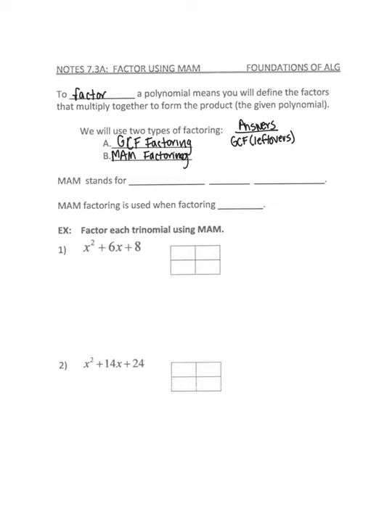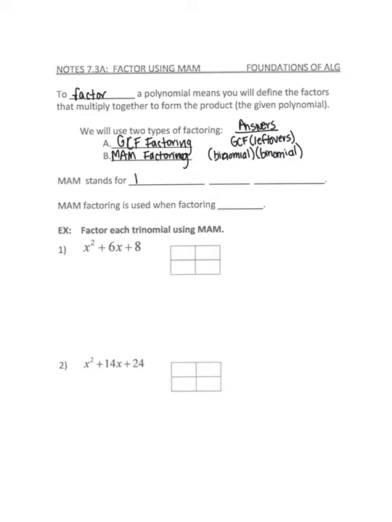And remember, a binomial is an equation with two terms in it. So we're going to have a binomial times a binomial.